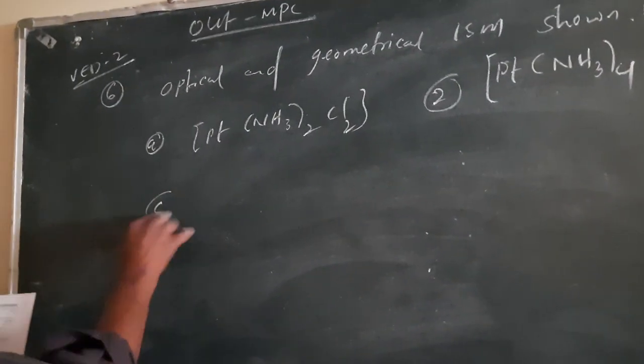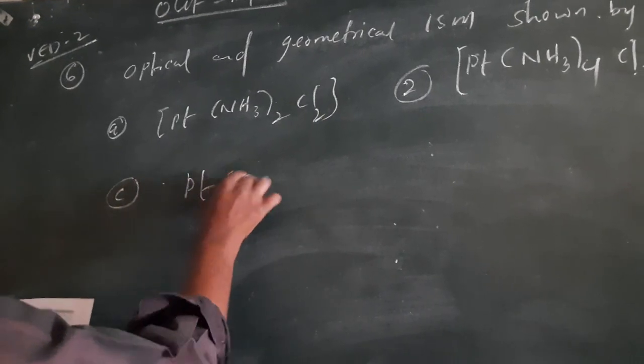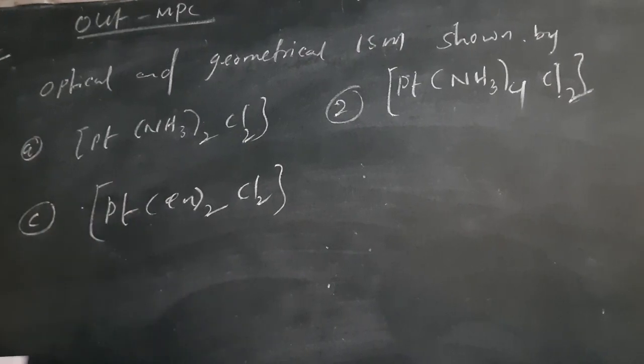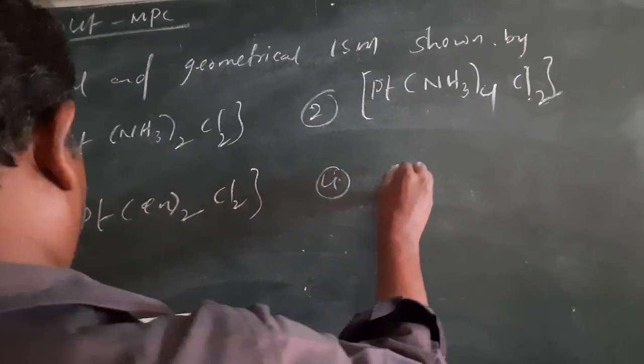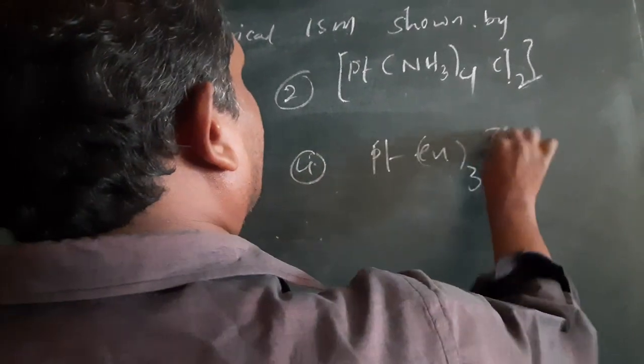Option C: platinum ethylene diamine Cl2. Option D: platinum ethylene diamine 3.